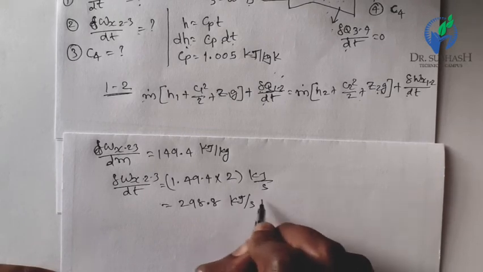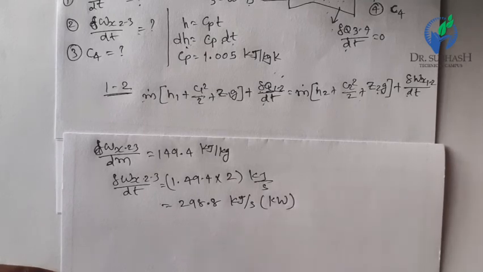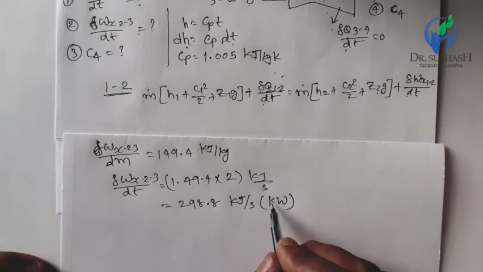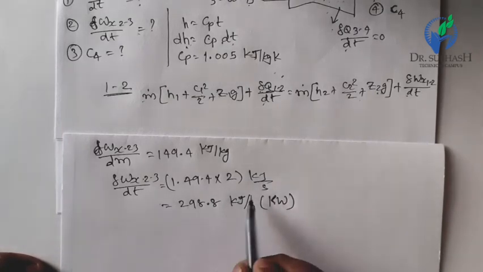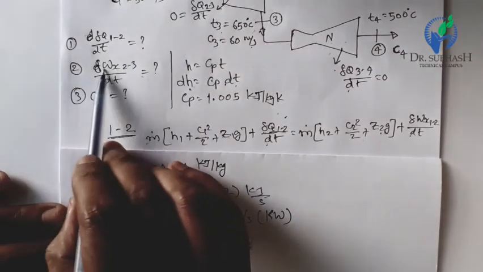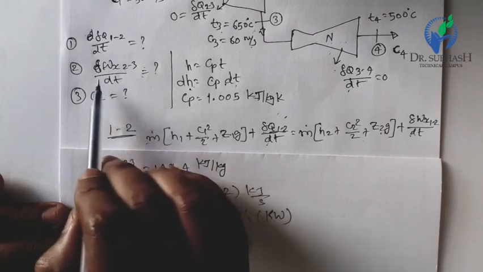Now we will move on to the third component, which is nothing but the nozzle, and this is the 3 to 4 process. So for the nozzle we will apply this equation.